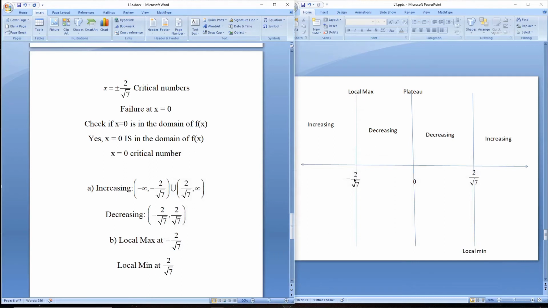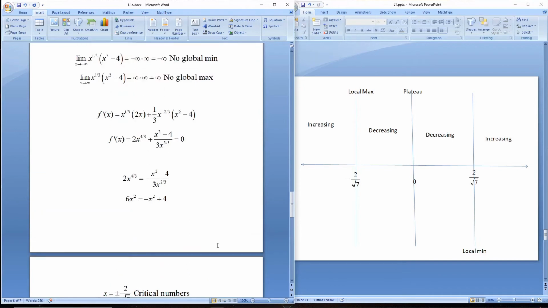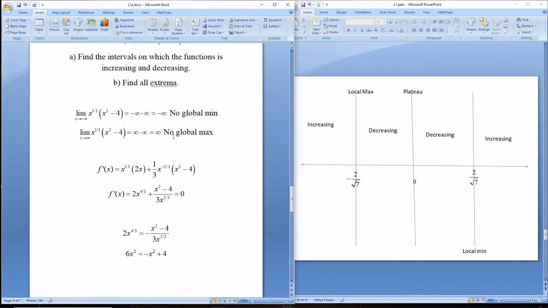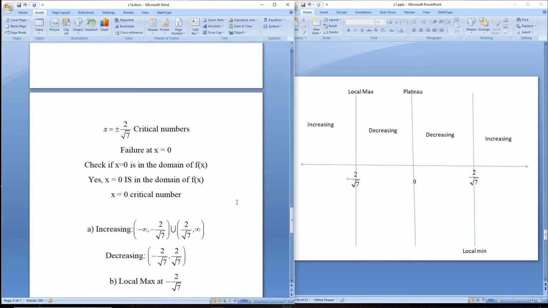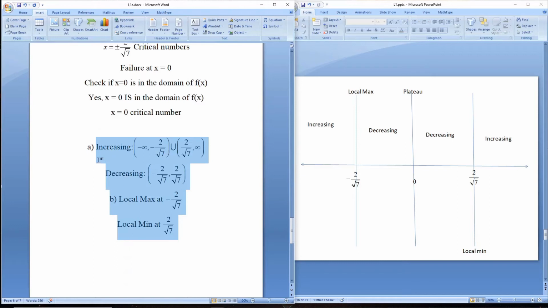So our local max is at the minus value, our local min at the positive value. And then 0 we reject as an extrema. It's a plateau. And now remember our results for global. We did that initially when looking at the endpoints. There's no global extrema. And we're done. Here are our final answers for making my math lab happy.